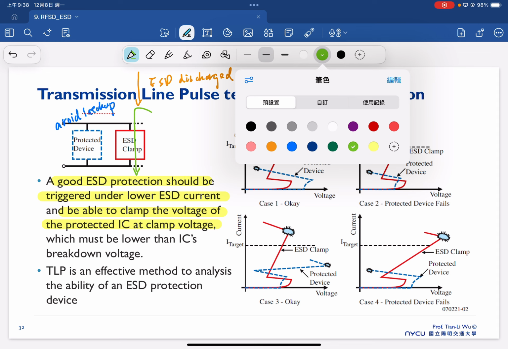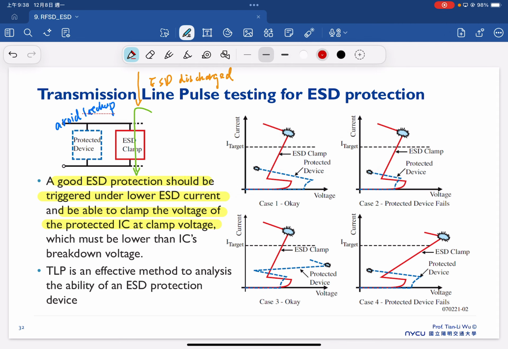So the condition will be that we have to make sure the latch up can happen earlier than the main protected device. So that's the idea of how we actually do the ESD protection.